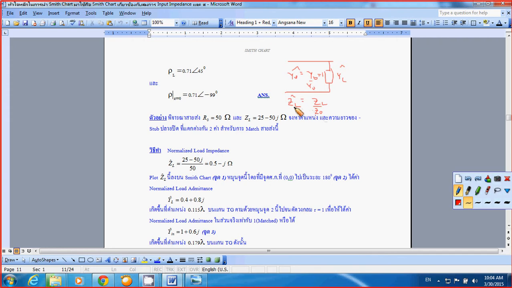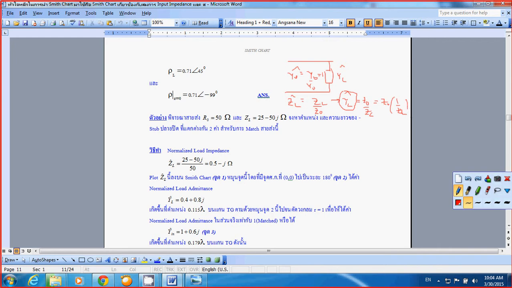And if you want to work on the admittance system, ZL equals 1 over YL, so your YL simply equals what? 1 over ZL normalized. So this gives you Z0 over ZL. So when you want to find your admittance normalized, you multiply Z0 by 1 over ZL.